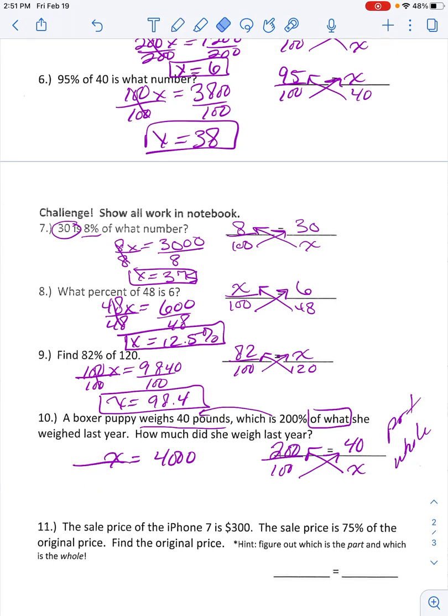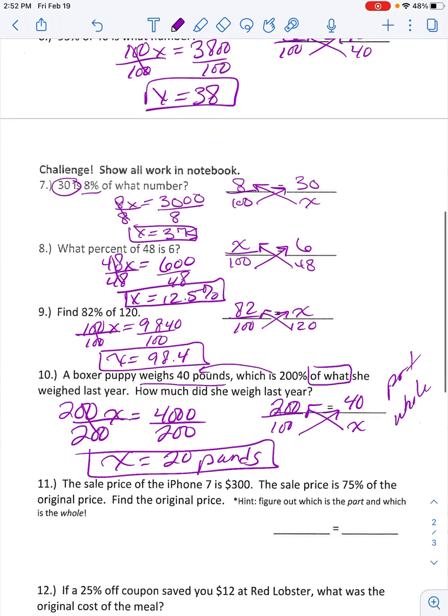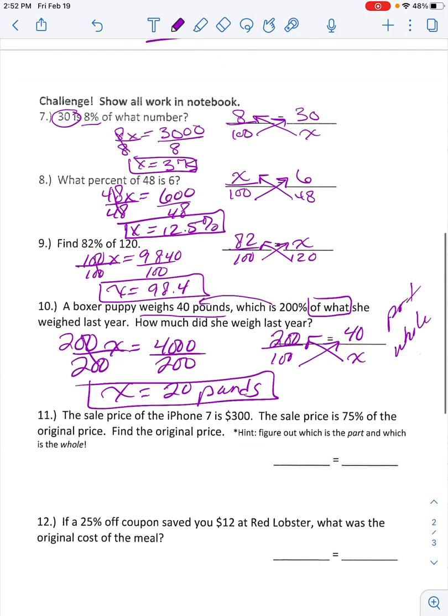Oh, it's not 100x. It's 200x, isn't it? X times 200 is 200x. And we'll divide by 200 to get 20 pounds is what she weighed last year. And she doubled her weight, which makes sense.